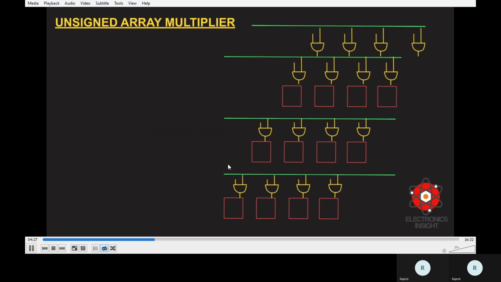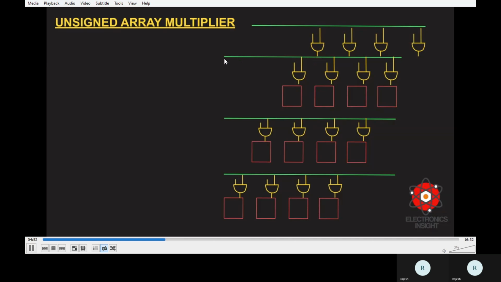That's why there are 4 rows representing the multiplier bits, and the corresponding AND gate inputs are A3, A2, A1, A0. The first topmost row is B0. So B0 is multiplied with A3, A2, A1, A0.